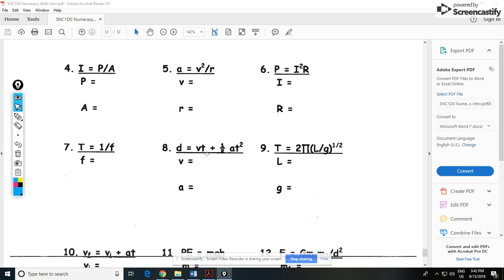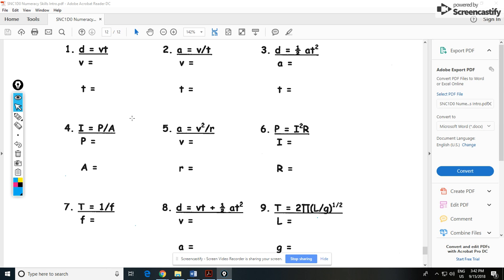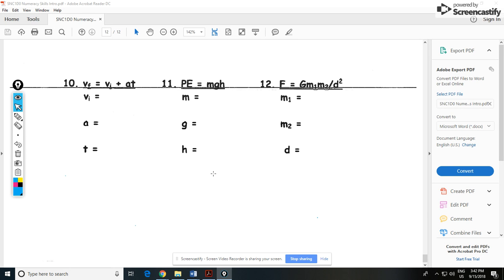And then you'll have another page finally here where you're solving for different variables for a particular equation. So if you go through the video for solving, these will be made a little bit easier for you to do. And these skills will be extremely important, especially when we get to density and when we get to the electricity unit where there's a variety of calculations where you'll have to solve for different variables.